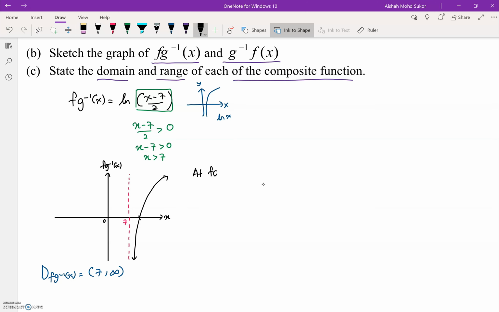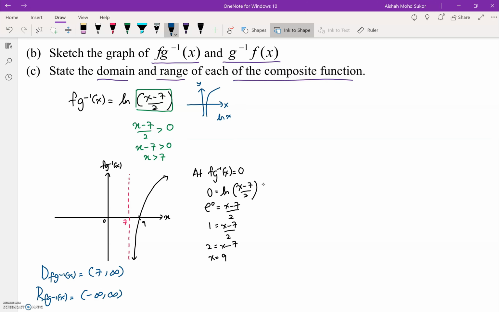At f(g inverse(x)) equal to 0, so 0 is equal to ln((x minus 7) over 2), x will be equal to 9. So this is 9. And of course, our range will be negative infinity to infinity.